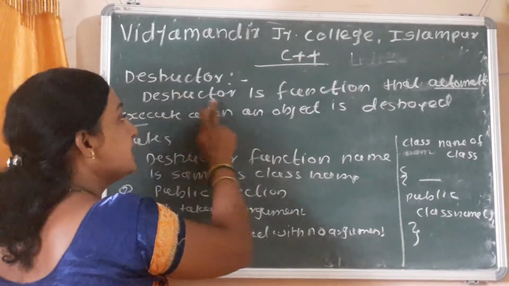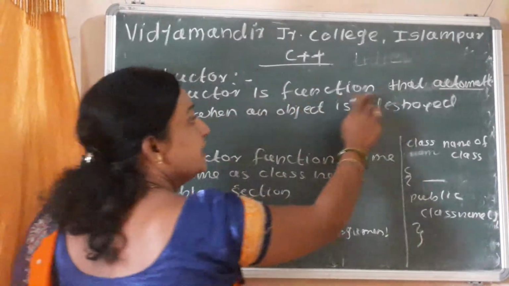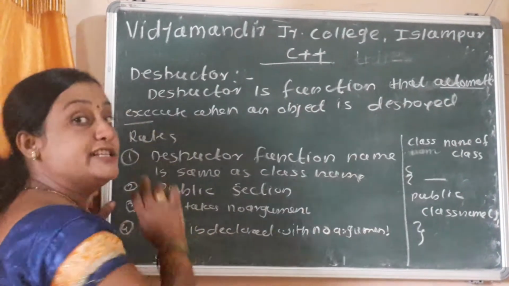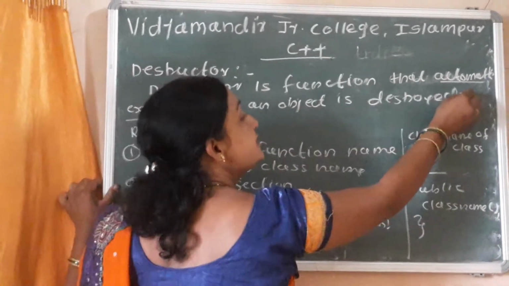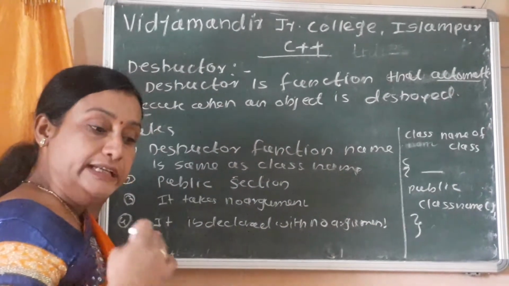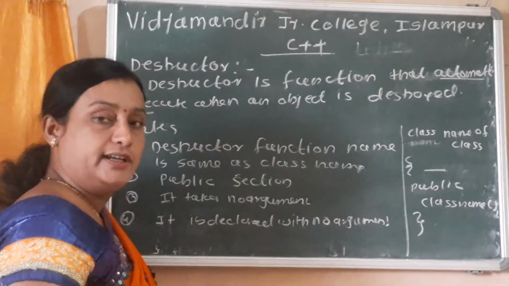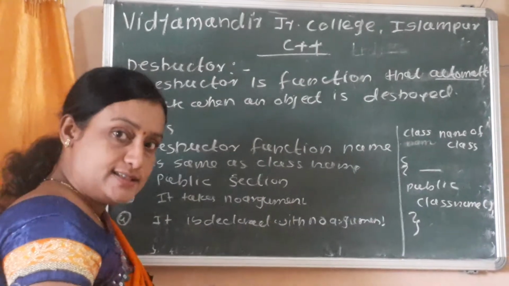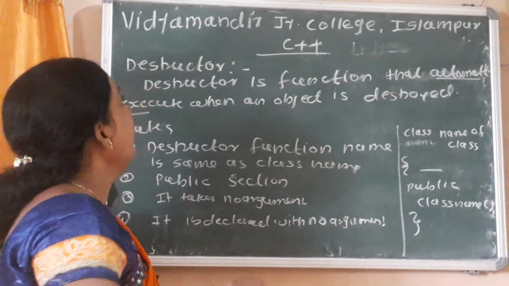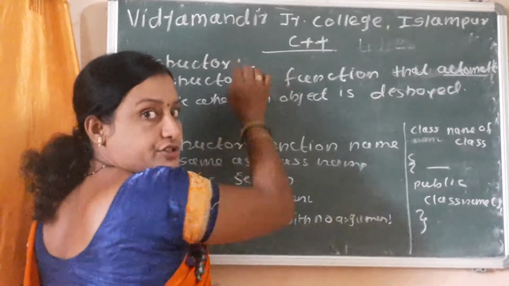That is, the destructor function is automatically executed when an object is destroyed. When we want to delete the object which is created or initialized by the constructor, it is deleted by using the destructor function.